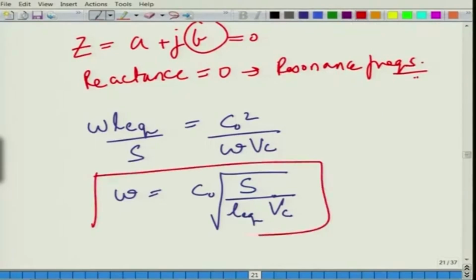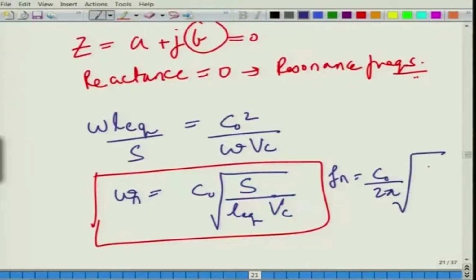So, resonance frequency, let me call this omega n. So, this is what we are going to get.